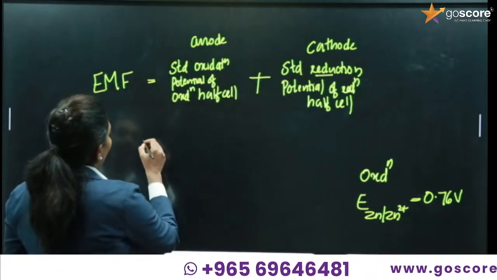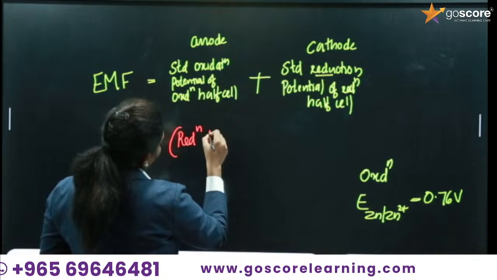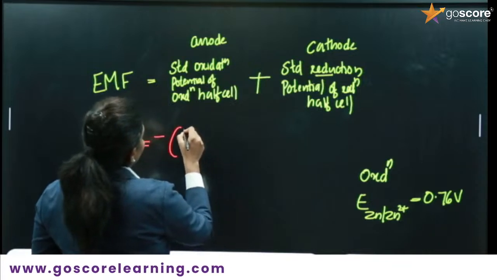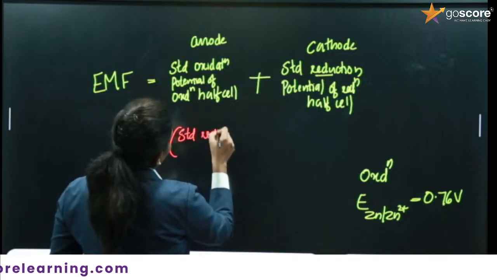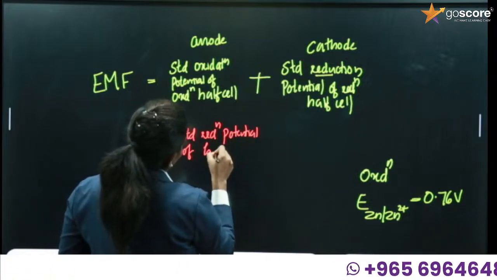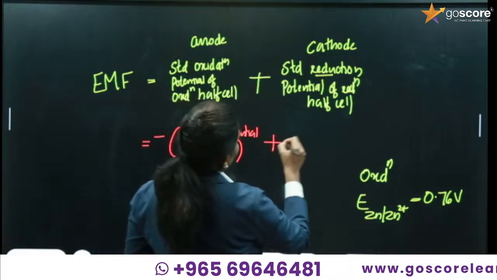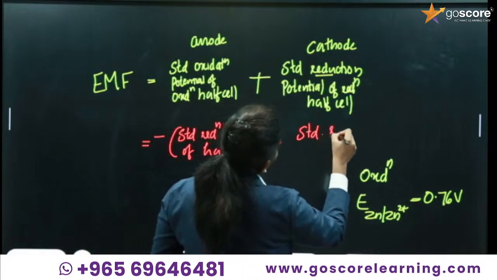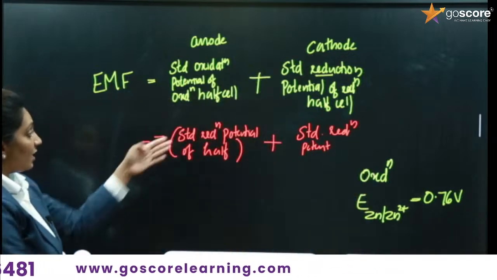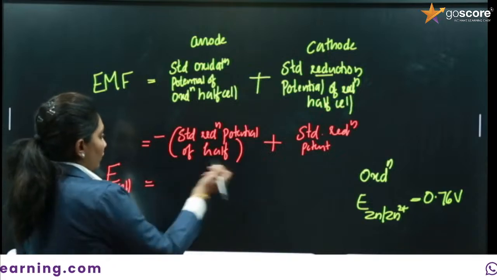So I'm rewriting it as minus the standard reduction potential of that electrode's half cell, plus the standard reduction potential of the reduction half cell. This is the E cell, the EMF of the cell.